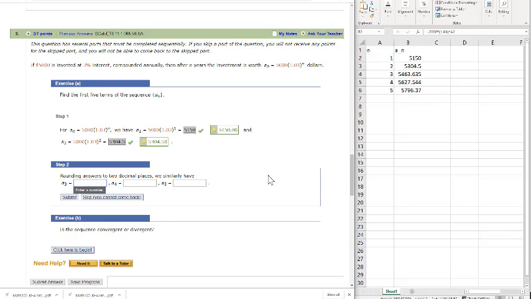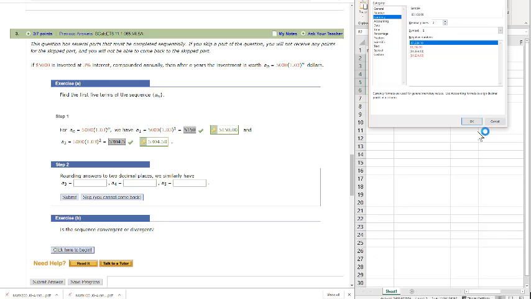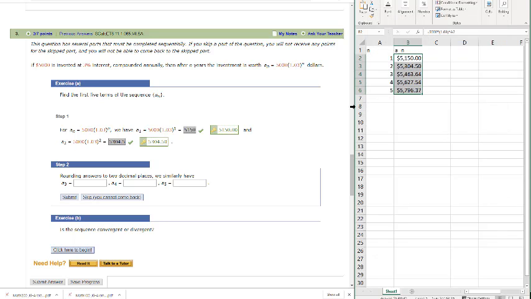So we can round to 2 decimal places, and I don't know if you guys know about Excel, but if you click Control A, and then say that we're dealing with currency here, it automatically will round to 2 decimal places and then throw in that dollar sign as well.